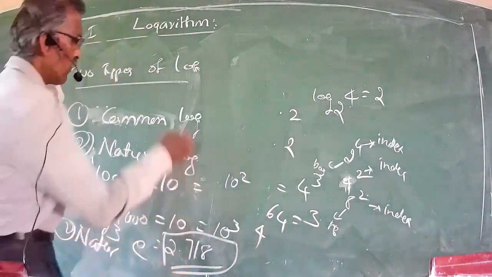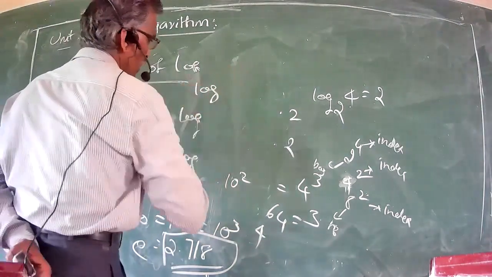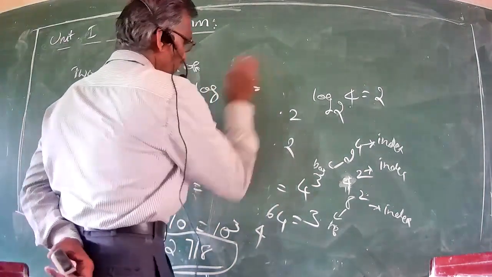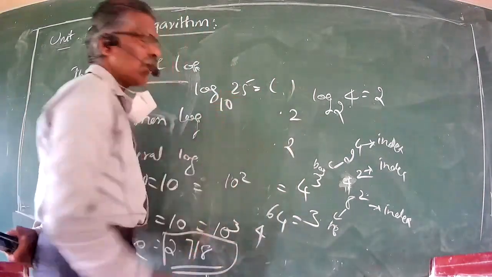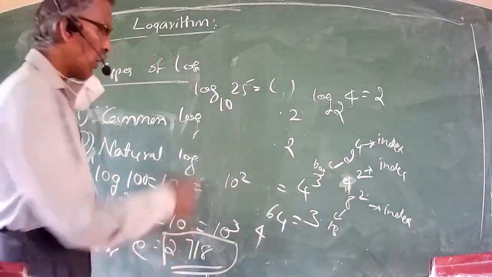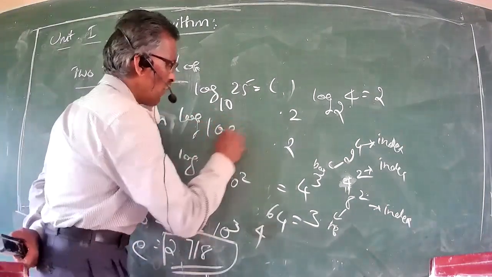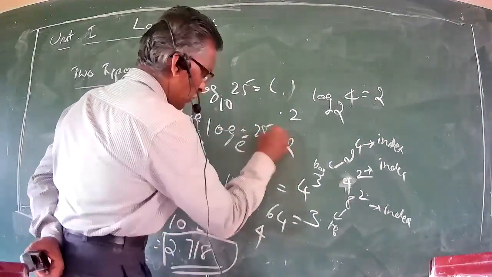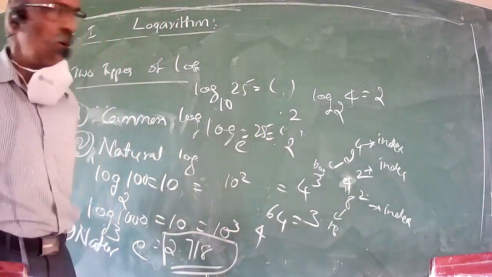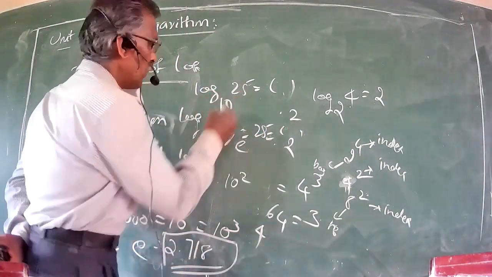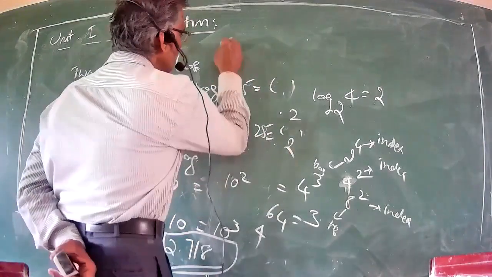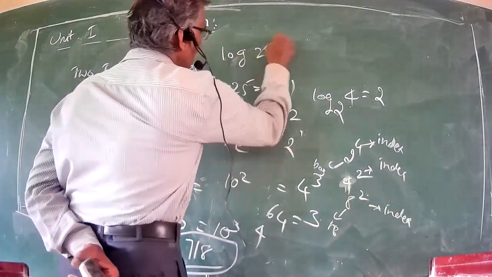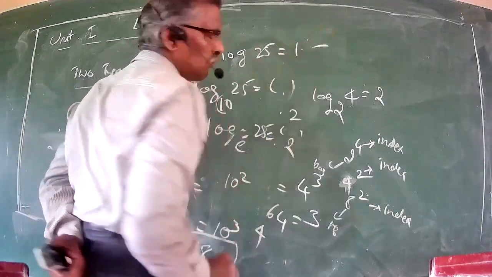The log of some number, say 25, equals some figure. If it is to the base 10, it is the common logarithm.